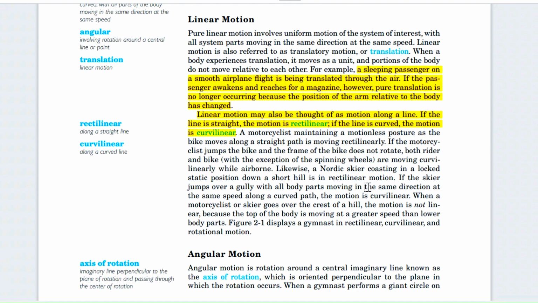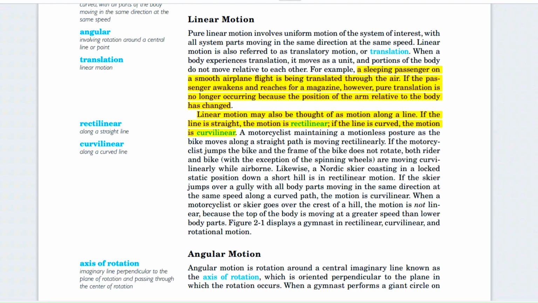That is a simple example of curvilinear. So majorly, rectilinear and curvilinear are these two.